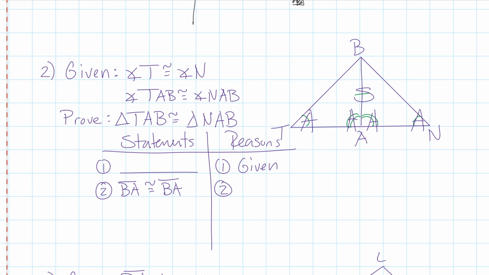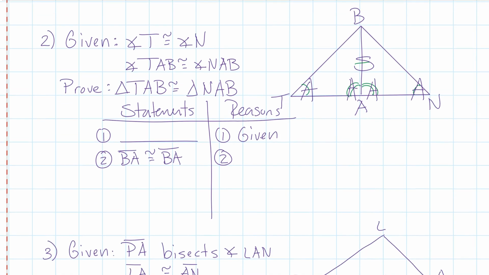If you looked at your guide to proof heaven, you found that there was a reflexive property, right? And then what could we then state? Right. We can state TAB is congruent to NAB. And how do we know it's true? By the AAS postulate.